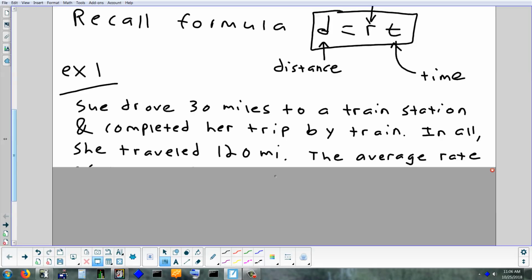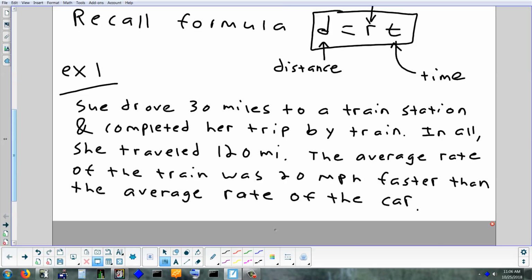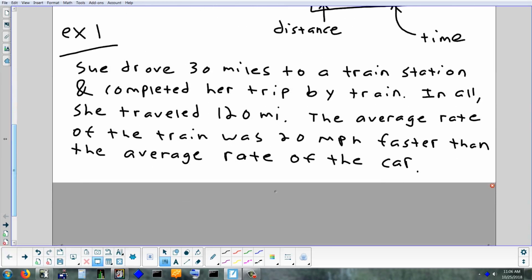We don't know how fast the train or the car is going, but we do know the average rate of the train is 20 miles per hour faster than the average rate of the car. It doesn't tell us exactly how fast either one was going. We just know that one is faster than the other, and we know how much faster. Any questions so far, just on the information they're giving us?